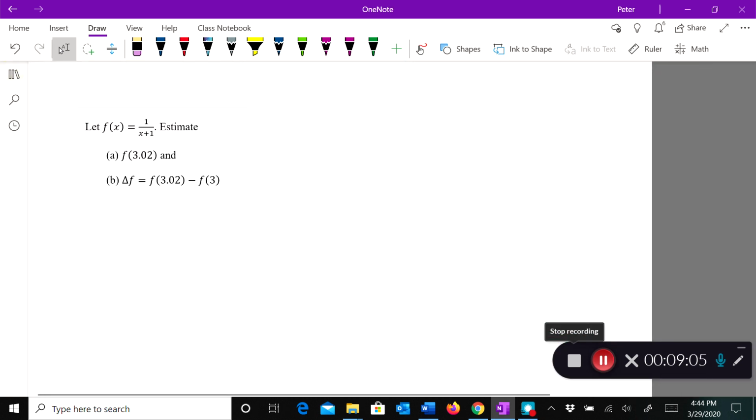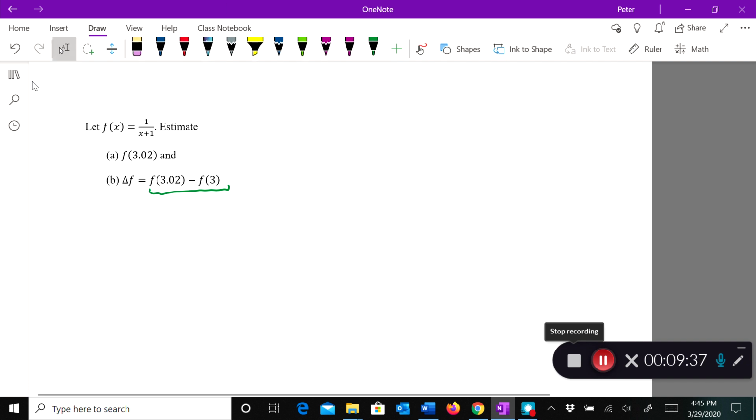Okay, now that we have the approximate value of f of 3.02, let's find delta f, the approximate value of delta f, which is the difference between f of 3.02 and f of 3. Now, note that if I were to plug in 3.02 and 3 and simply subtract the resulting values, I would get the exact value of delta f, but I'm interested in the approximate value of delta f.